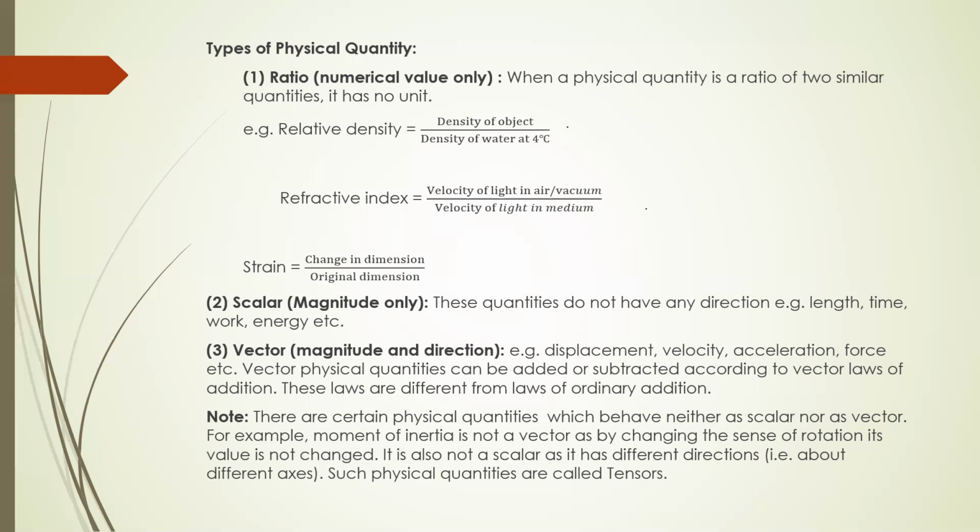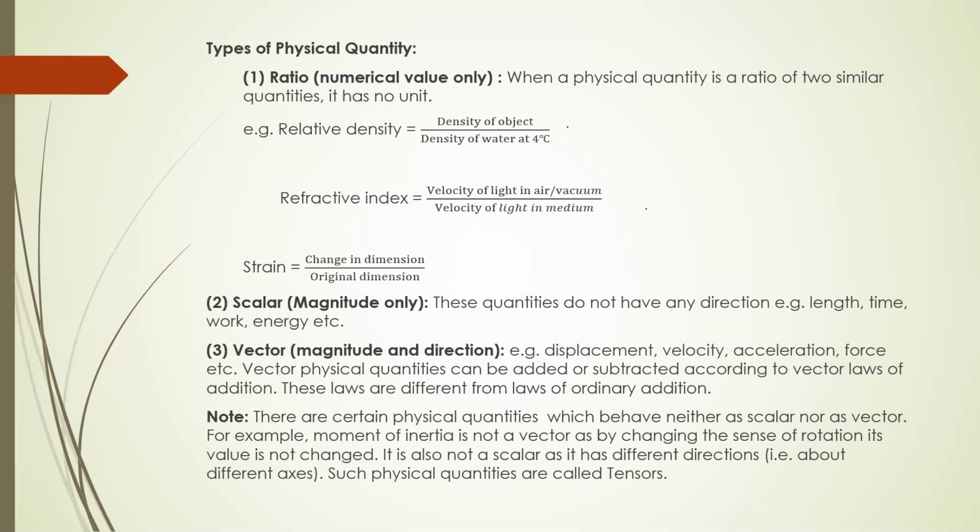Similarly, refractive index is the ratio of velocity of light in air or vacuum to the velocity of light in medium. Then strain, change in the dimension to the original dimension, is called what?